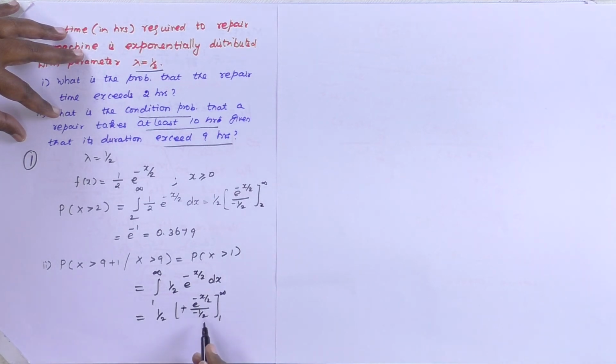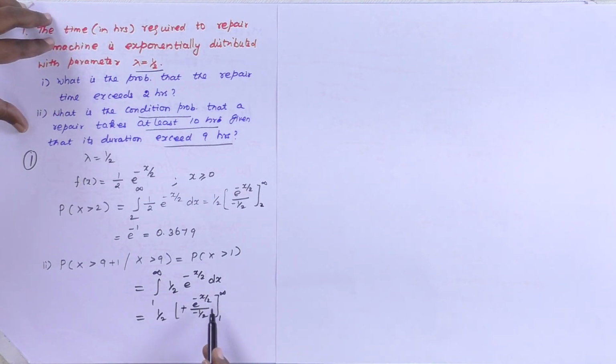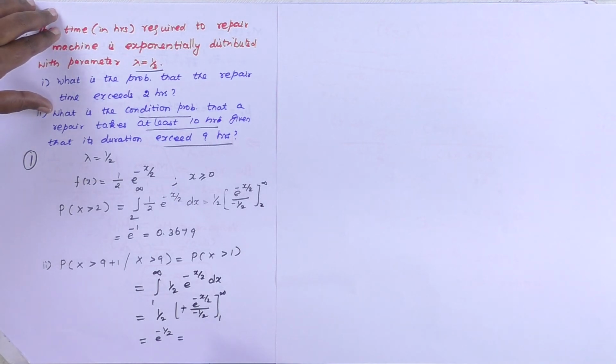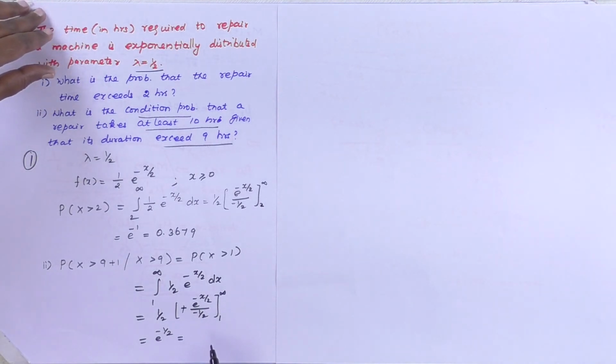Substitute the upper limit minus lower limit value. Upper limit vanishes, only we have the lower limit value. Lower limit value is e power minus half, that is e power minus half, answer is 0.6065.